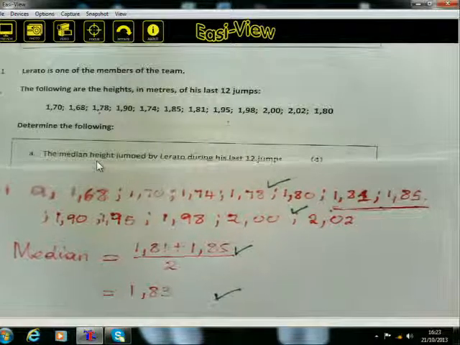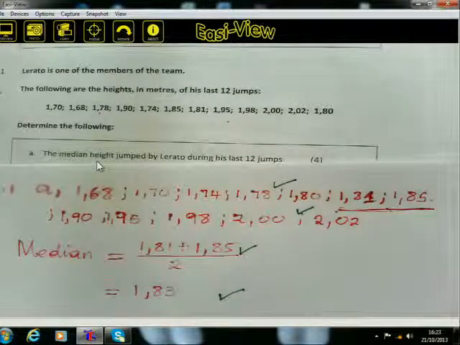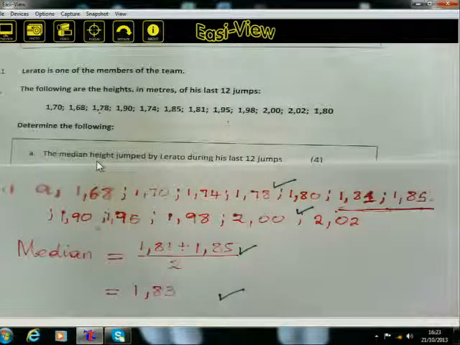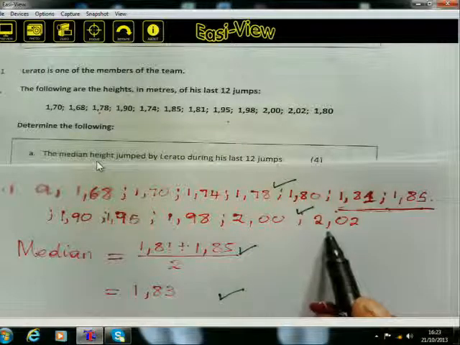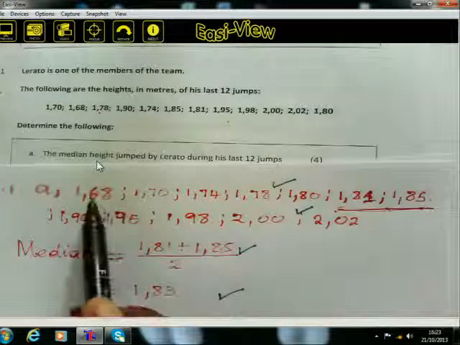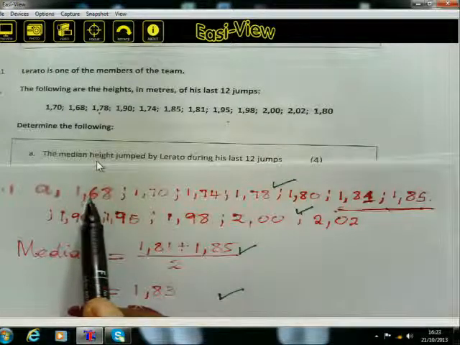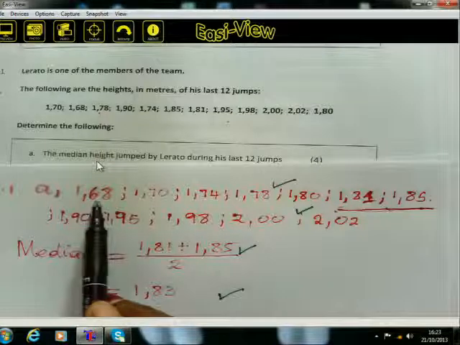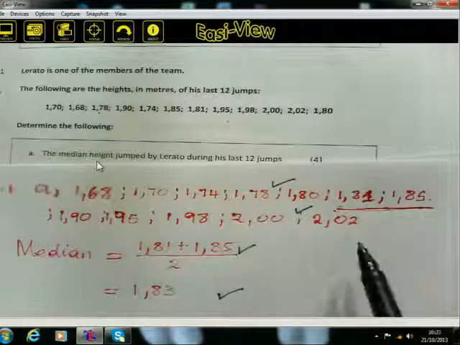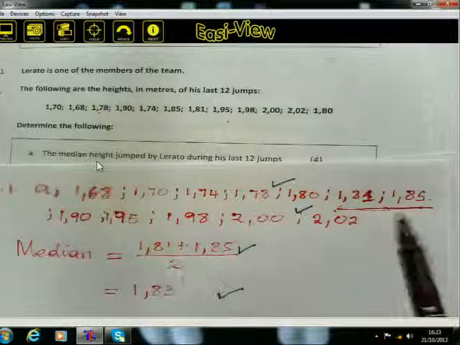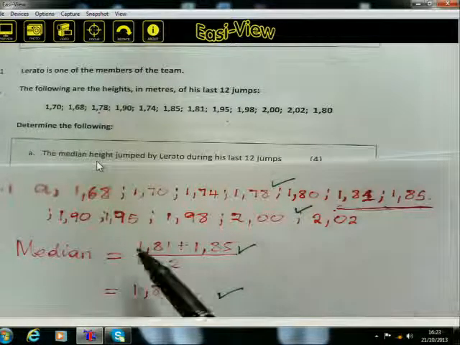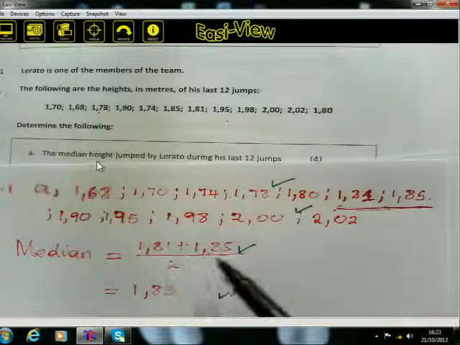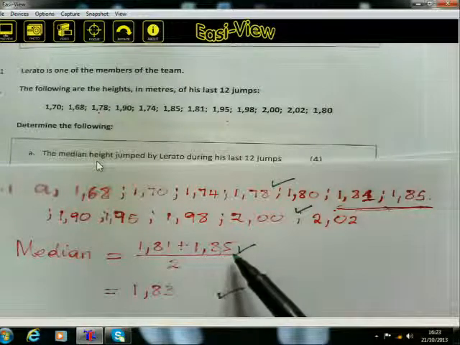First of all, for calculating the median, kindly be focused to arrange your numbers from small to big. From ascending, another term is ascending to descending. Thereafter, you have found your 2 middle numbers, which is 1,81 plus 1,85.